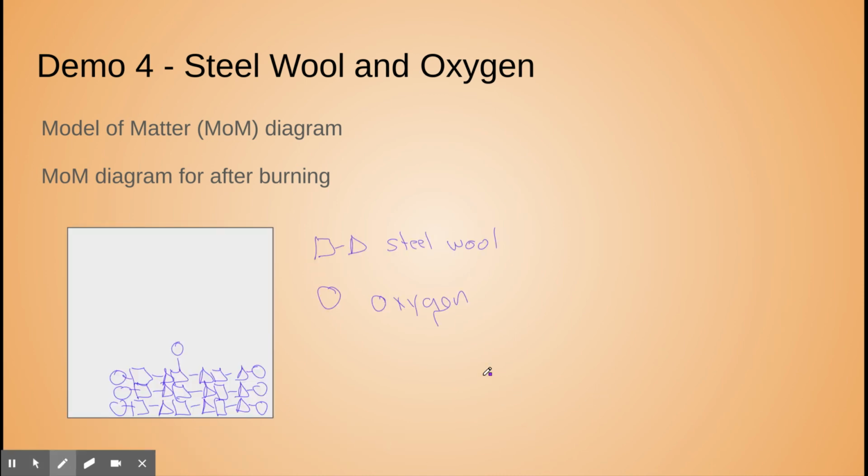So what happened was we know the mass increased. The only way mass is going to increase is if something is added to the original thing that we took the mass of. So we took the mass of the steel wool, but through adding heat to it, it caused the oxygen to bond to the steel wool, and that is what changed the mass.